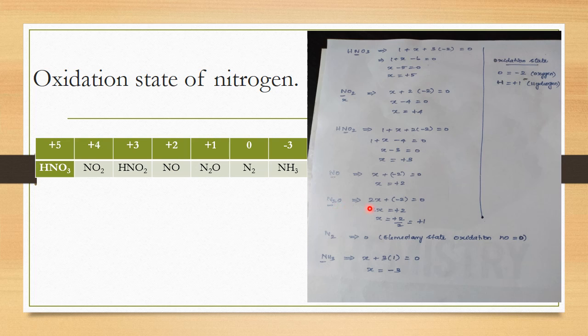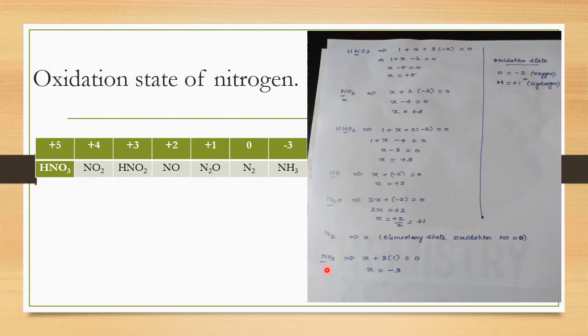And N2O, so there are 2 nitrogen, so I'm taking it as 2X. 2X plus 1 oxygen, it's -2. So 2X equal to +2, X is equal to +2 by 2, it's +1. Then for nitrogen, that one you all know, in the elementary state, the oxidation number of an element is always equal to 0.